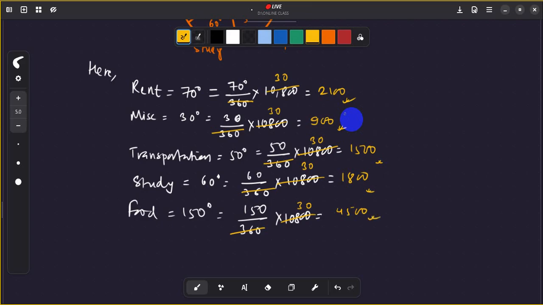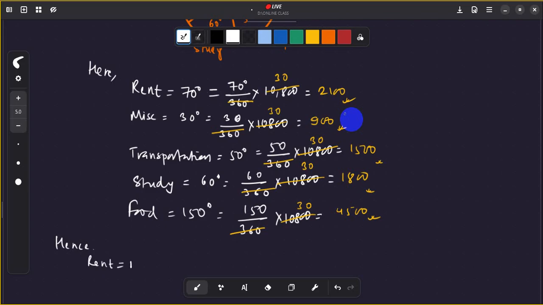Rent is rupees 2100. Miscellaneous expenditure is 900 rupees. Transportation is 1500 rupees. Study is 1800 rupees and food is 4500. Hence, let's conclude this one.